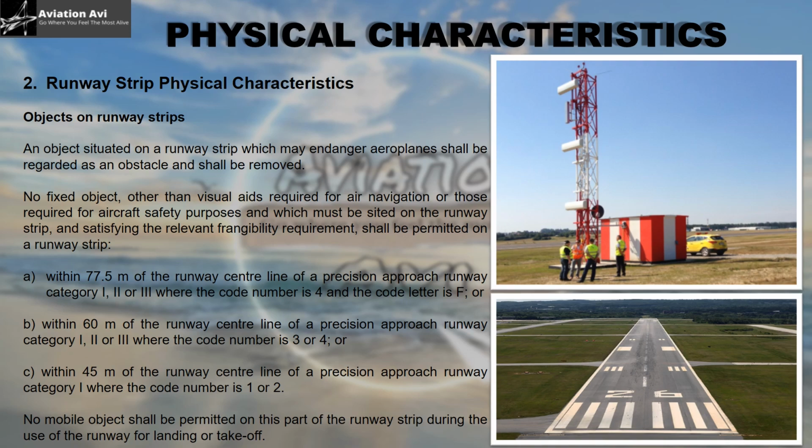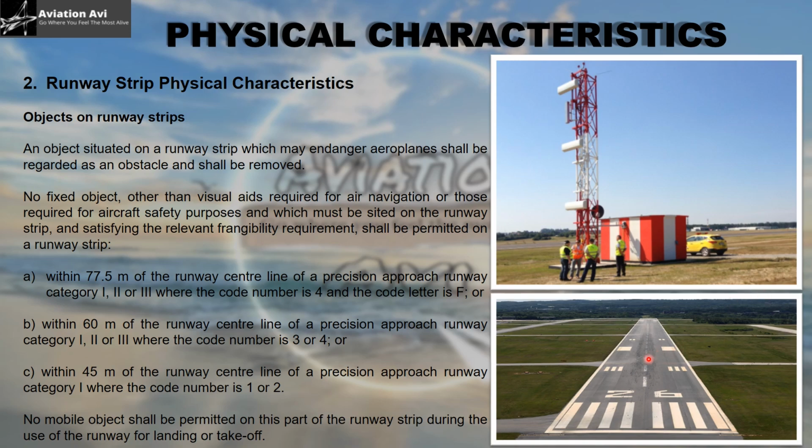So other than these, nothing shall be permitted within the runway strip within a distance of 77.5 meters from the center line for a precision approach category 1, 2, 3 runway when the runway is code 4F. Further, 60 meters from the center line for a precision approach runway category 1, 2, 3 when the code number is 3 or 4.